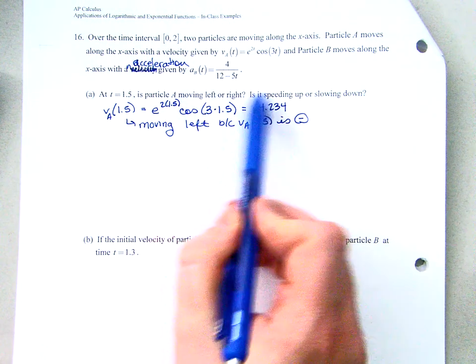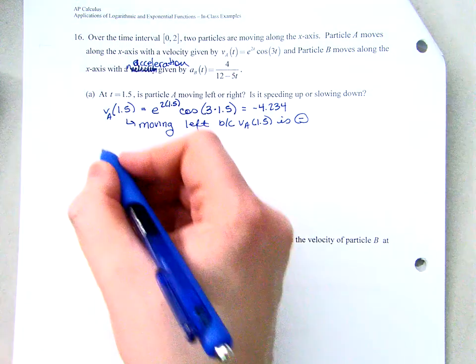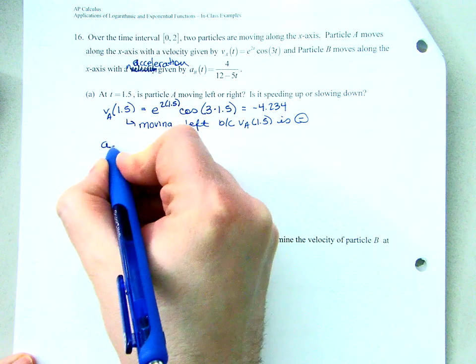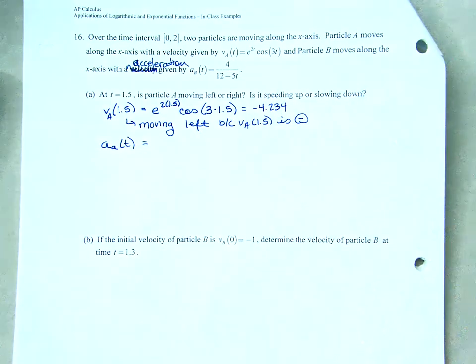So, just plug into your acceleration formula? What's wrong? That's for B. You need to find the acceleration formula. So, the acceleration of particle A at time t equals, well, go find it. Are we doing the integral or the derivative?